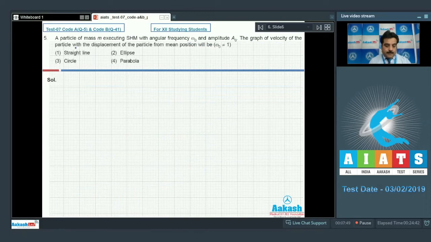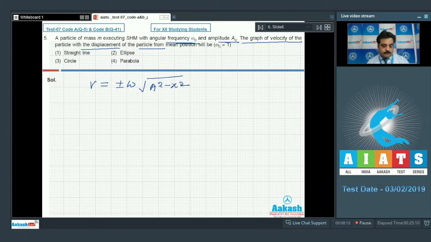Question number 5. A particle of mass m executes SHM with angular frequency omega naught and amplitude a naught. The graph of velocity of the particle with the displacement of the particle from the mean position will be, and omega naught is not equal to 1. In question number 5, you know the velocity in SHM is given by plus minus omega root of amplitude square minus x square.